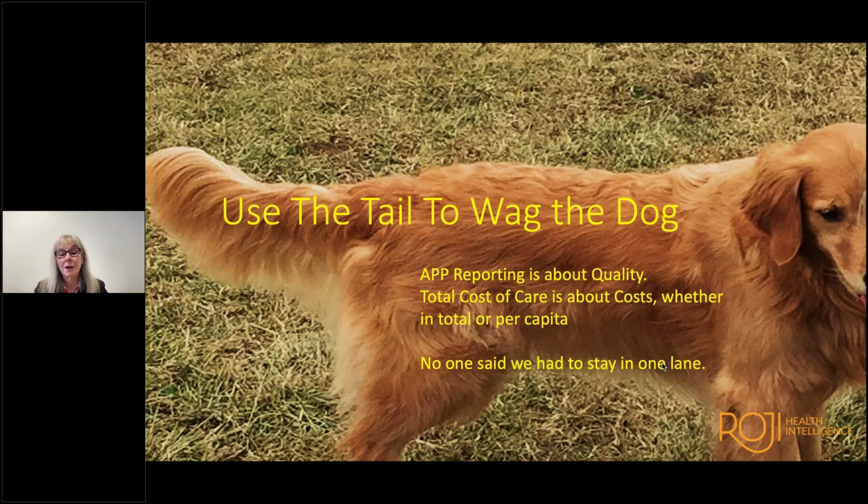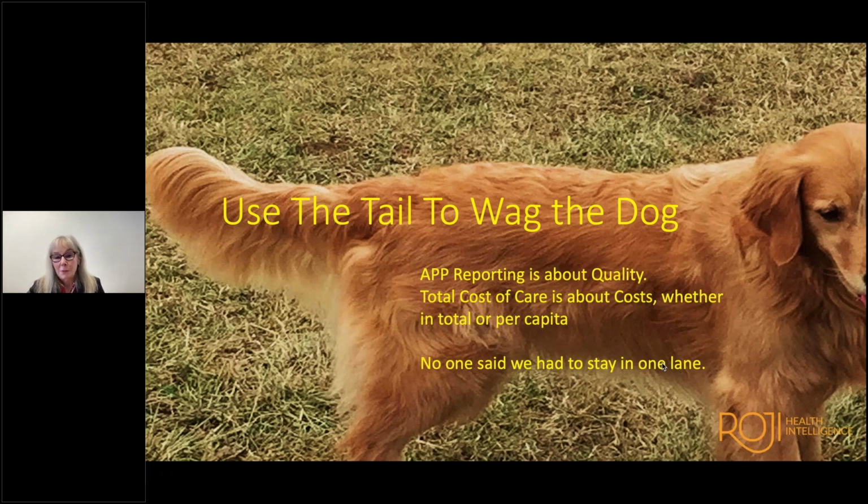And my thought is, why not use that tail to wag the data on costs? It is quality data. It may not be the be all end all in quality data, but it provides a sound foundation for starting initiatives that do something a lot bigger, and that is control the costs.